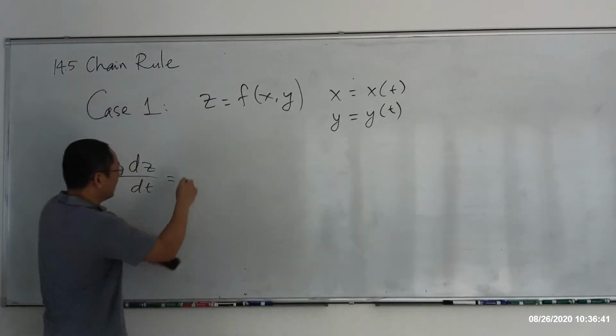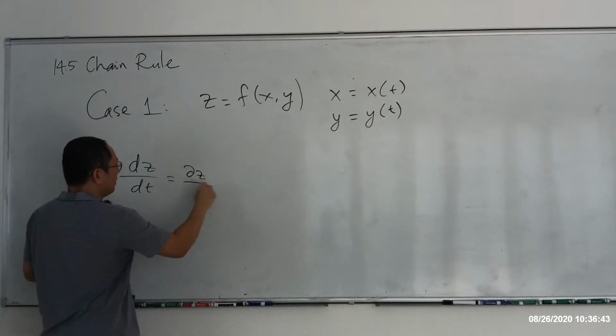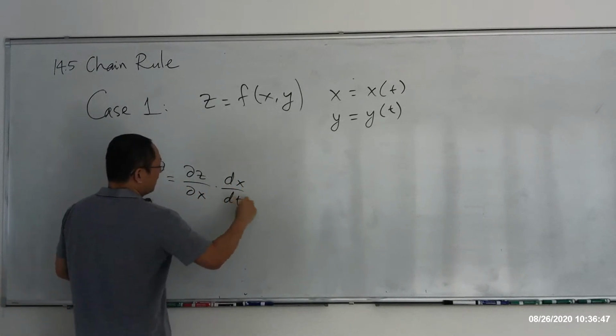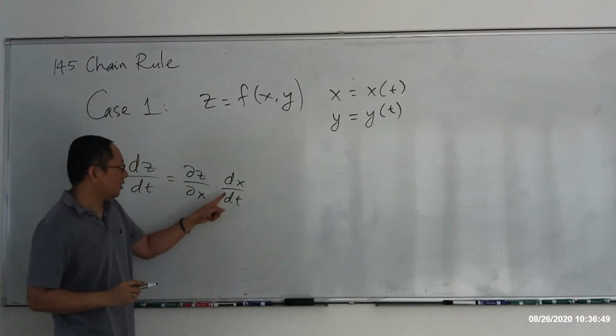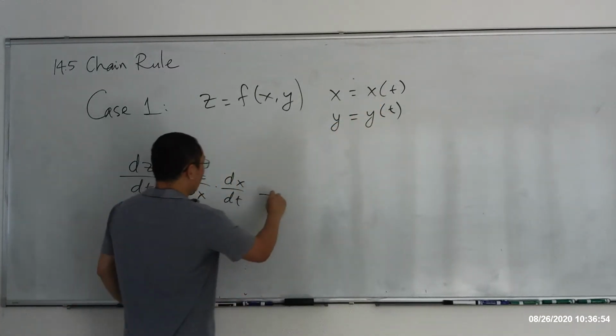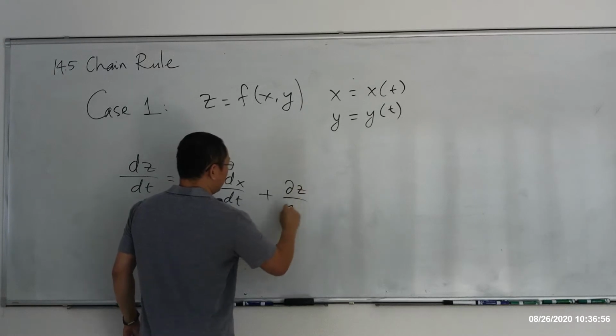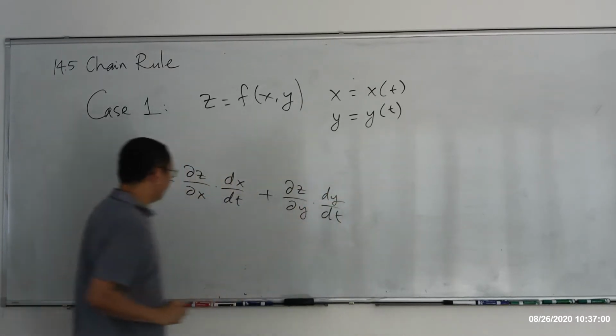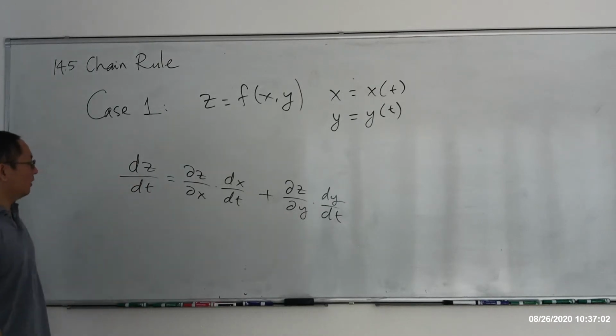I'll write it this way, it's the same thing: dz over dx times dx over dt. Now with x, I'm using regular d because it's just one variable, it's t. Plus dz over dy times dy over dt. This is the formula for calculating the derivative with respect to t.